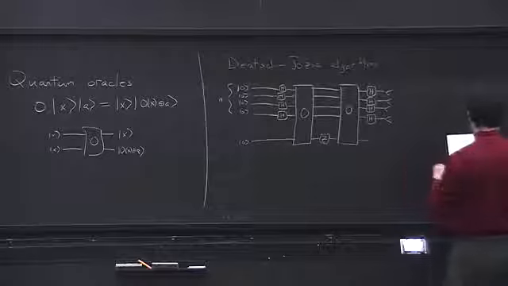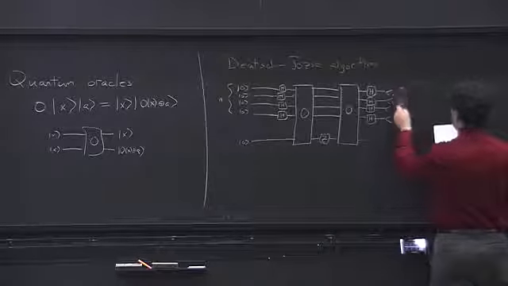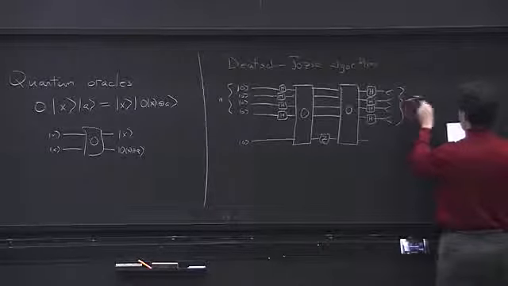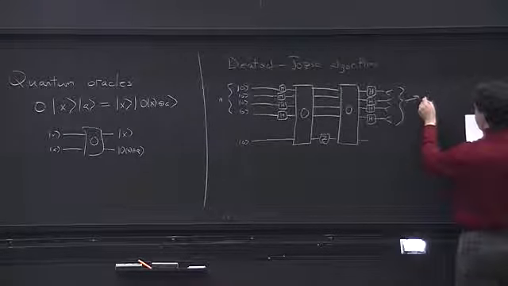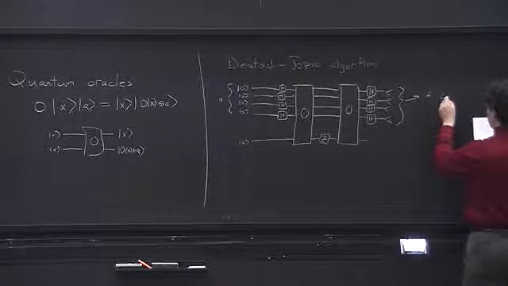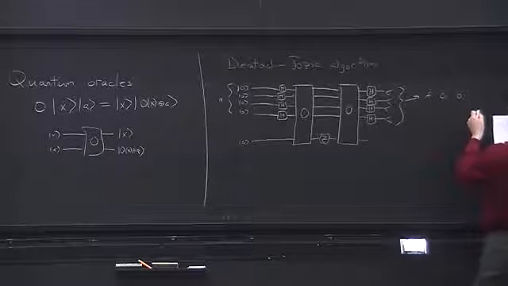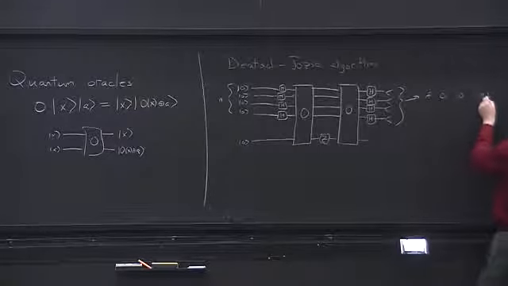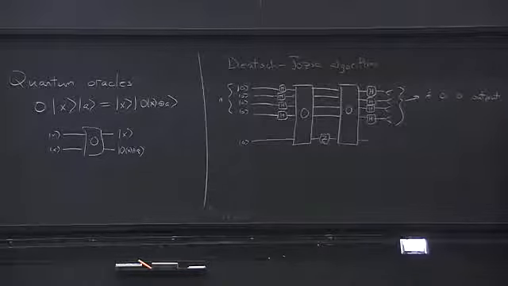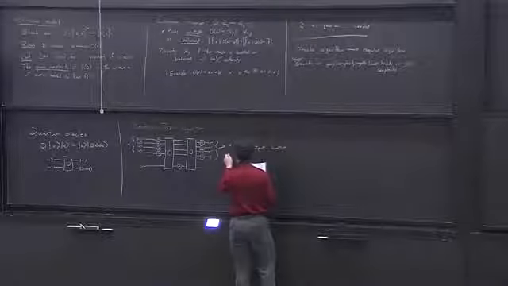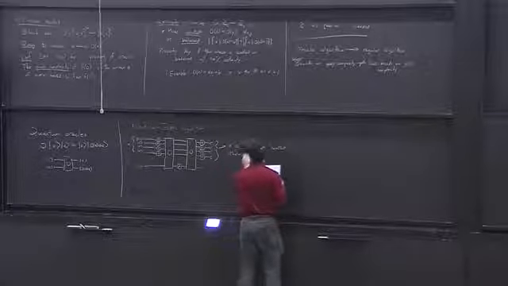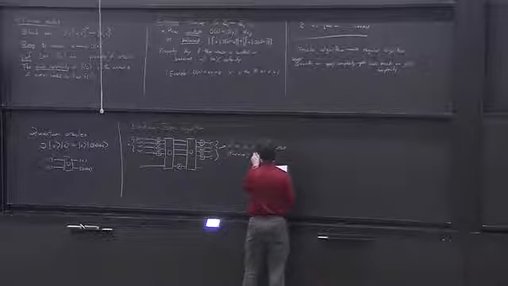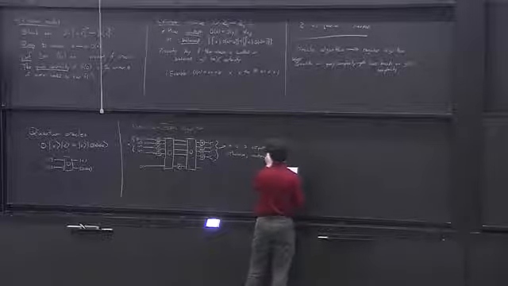Based on the measurement output, if the output is all zeros, then we decide it's a constant function. And for any other measurement output, we say it's balanced.